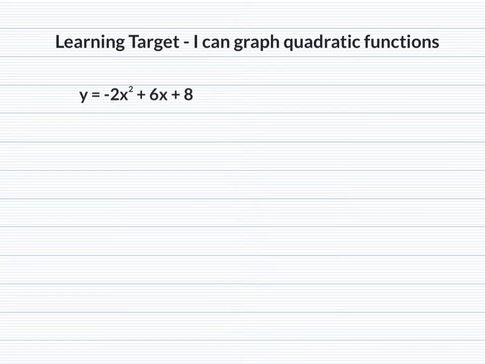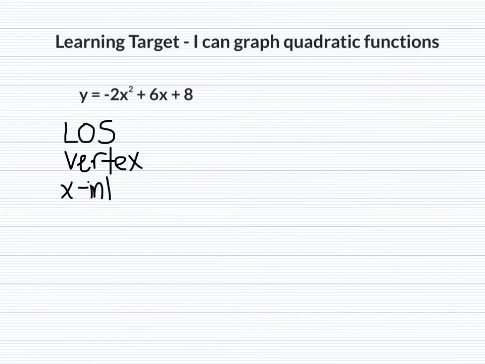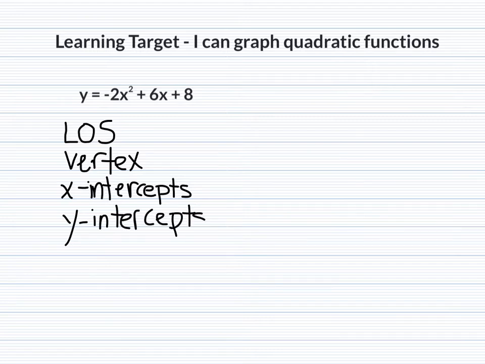But I hope, based on what we've done in class, that you can come up with important information: the line of symmetry, the vertex, the x-intercepts, the y-intercepts, in whatever order, and if it's a max or minimum.